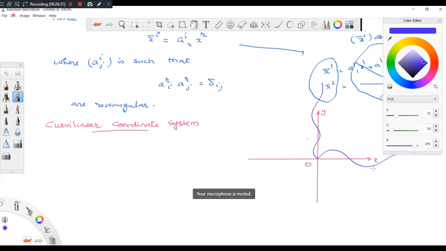Then I have an equation y is equal to f of x, and my y-axis is y is equal to g of x.